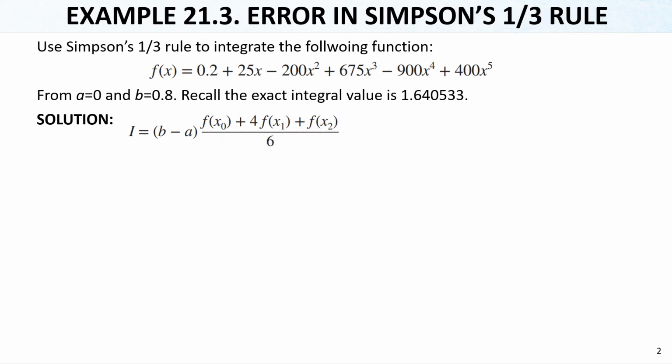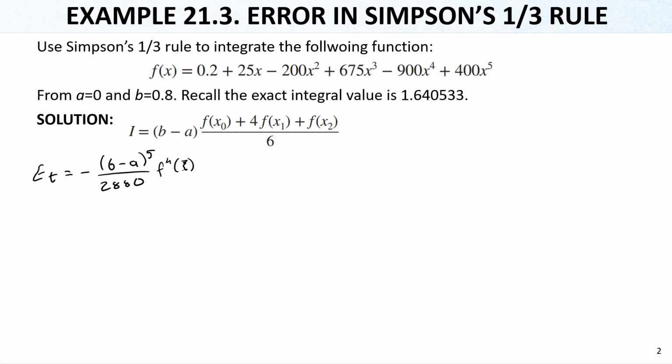In the same example, we can also calculate the error actually. And if you remember, the true error was minus (b minus a)^5 divided by 2880 times f4(psi).